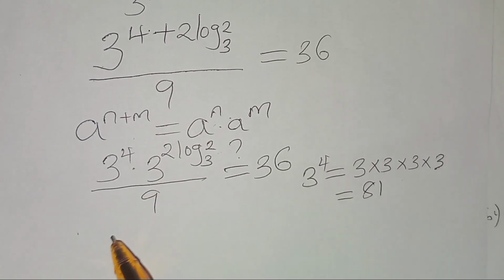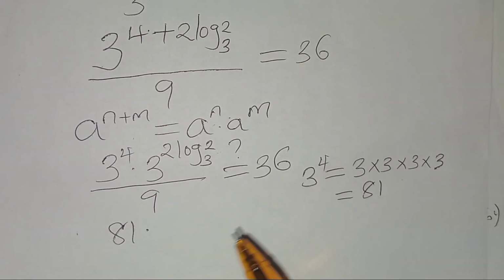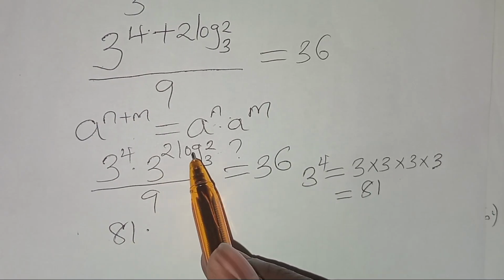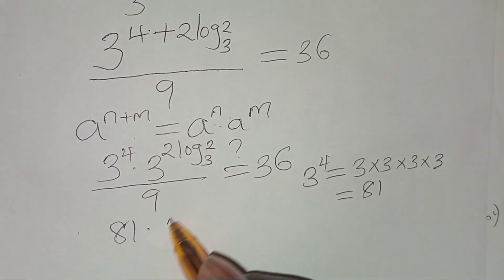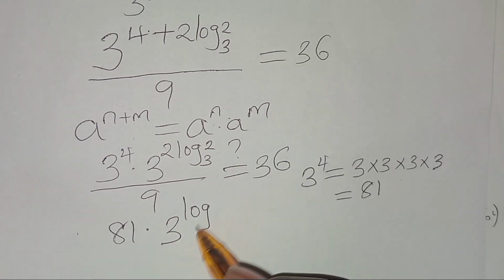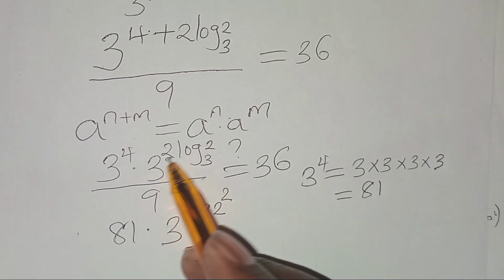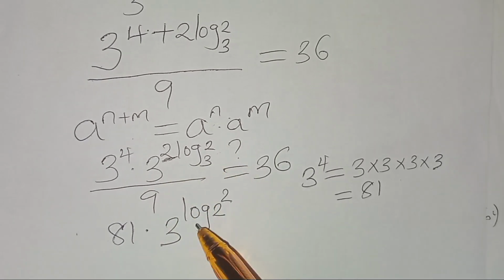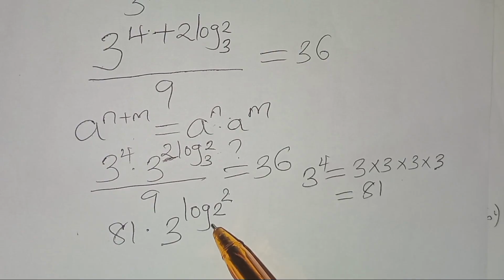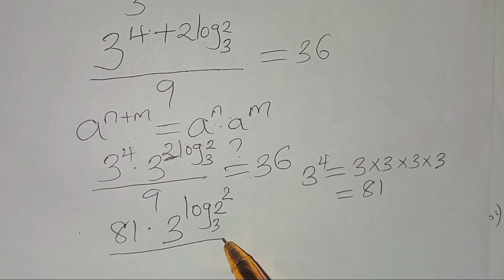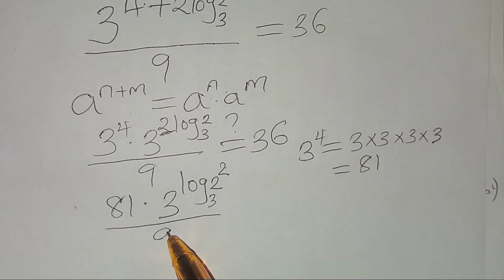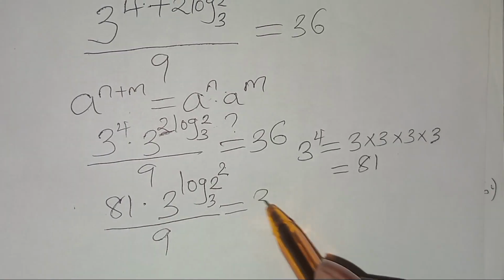So here, we have 81 multiplied by 3 to the power 2 log 2 to base 3, which we can write as 3 to the power log 2 to the power 2 to base 3, divided by 9. This should give us a value of 36.